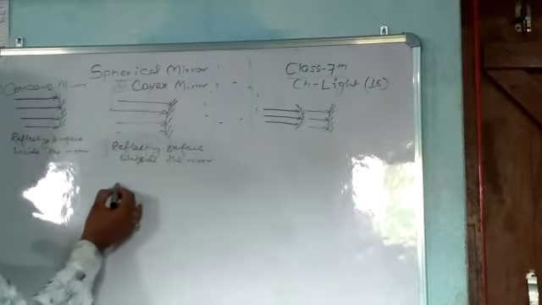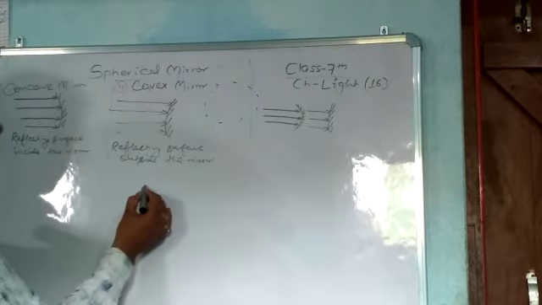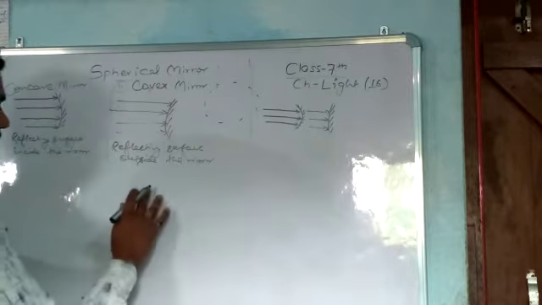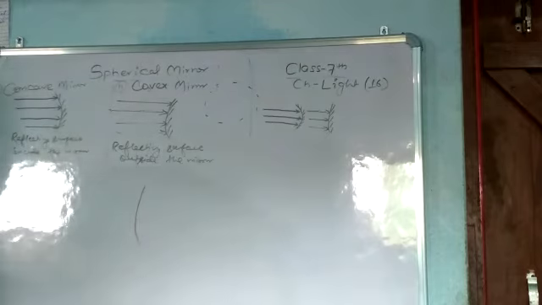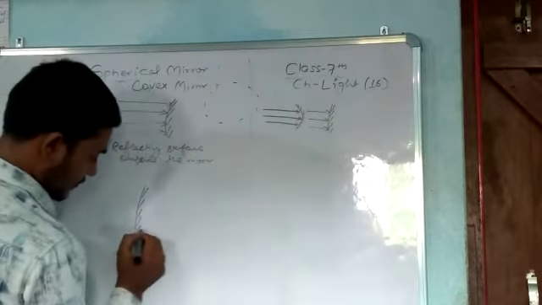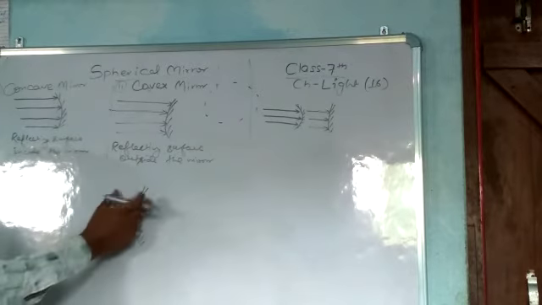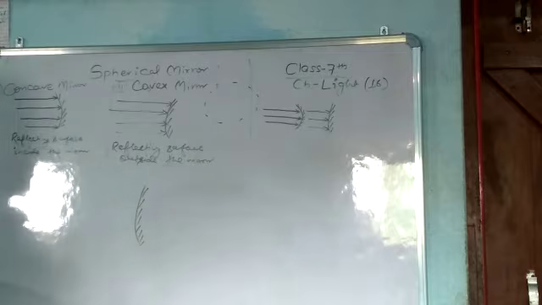See, let us take any mirror. So the reflecting surface is outside the mirror, then it is said to be a convex mirror.